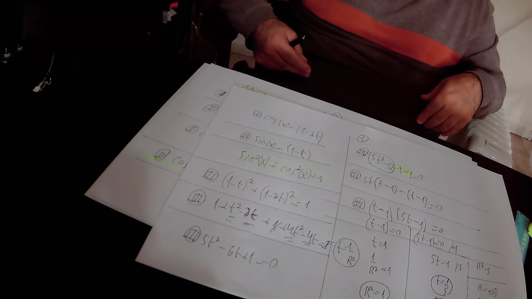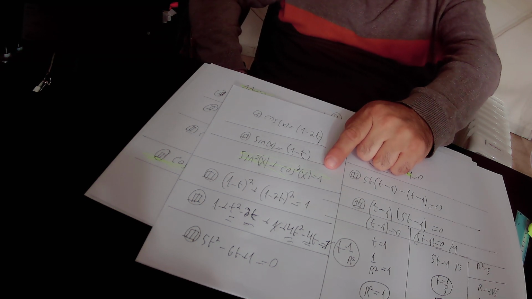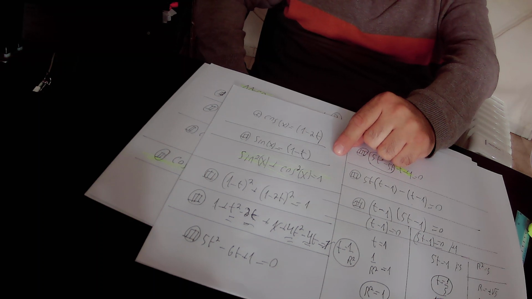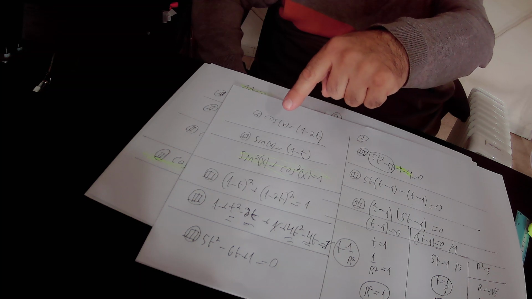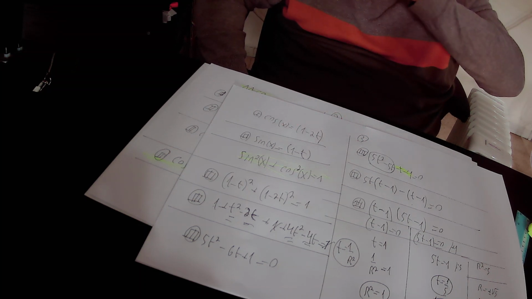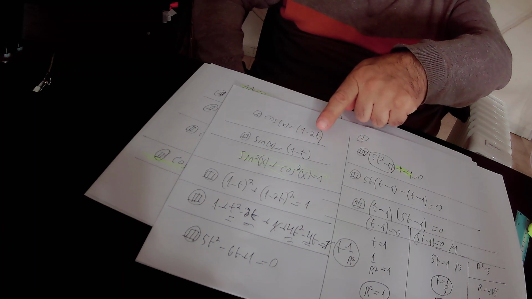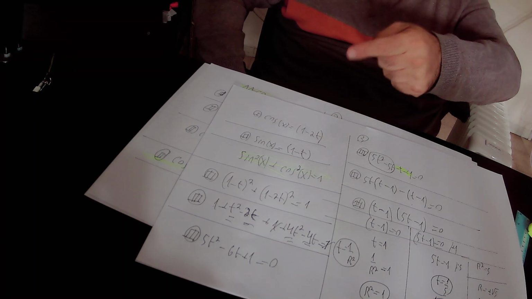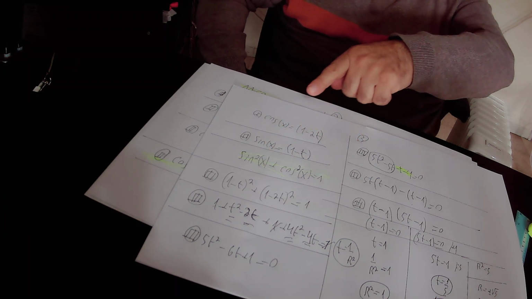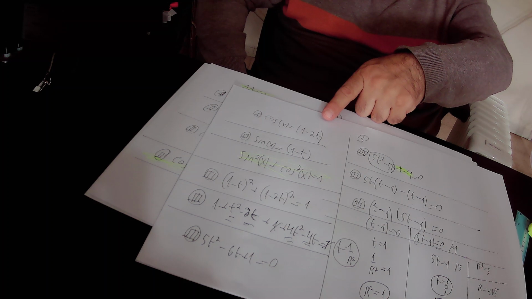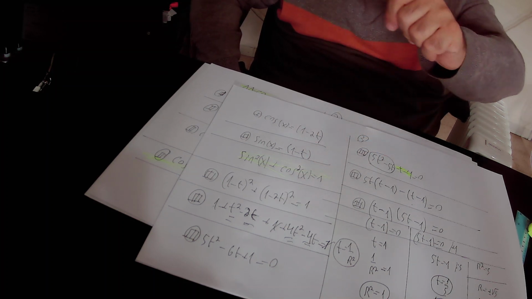Then we have the trigonometric identity that sine squared x plus cosine squared x equals 1. So we have the expressions for sine x and cosine x. If sine x equals 1 minus t, then sine squared x equals (1 minus t) squared. And if cosine x equals 1 minus 2t, then cosine squared x equals (1 minus 2t) squared.